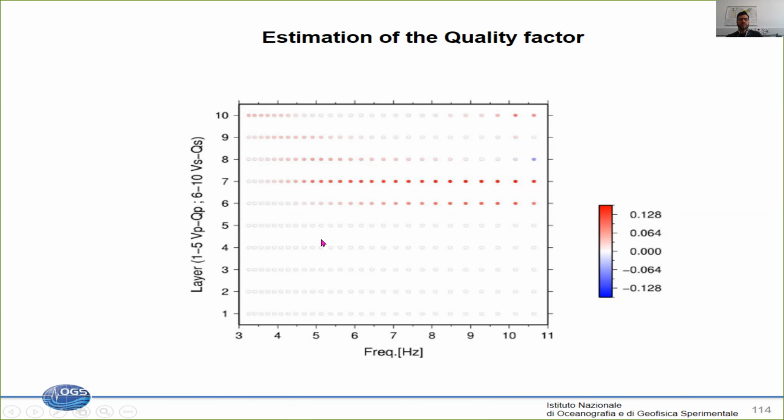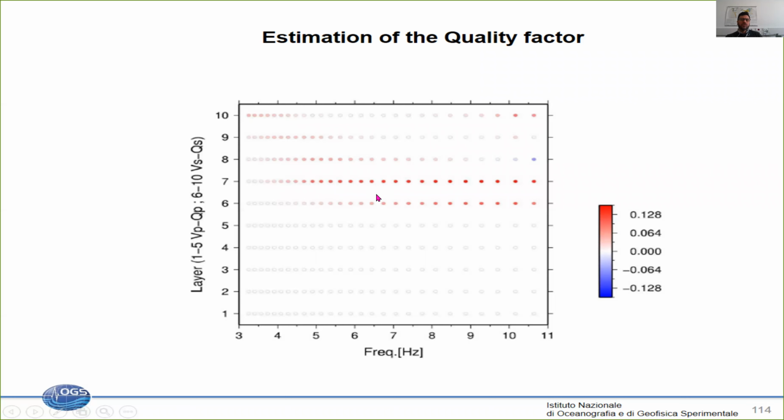And you see immediately that, as I mentioned before, in many cases the dependency on VP and QP is very small. So we have mainly an influence of shear waves and QS on these partial derivatives, and therefore on the resolution that we can obtain.